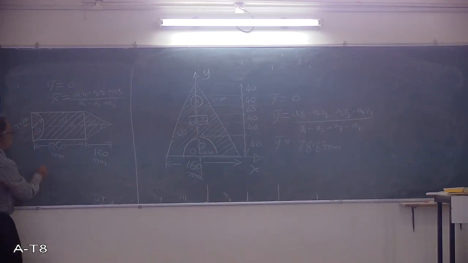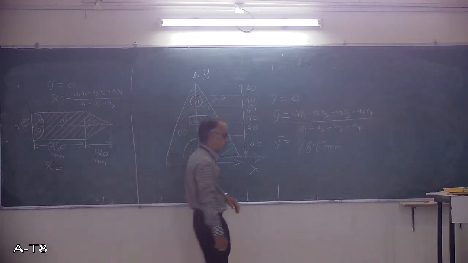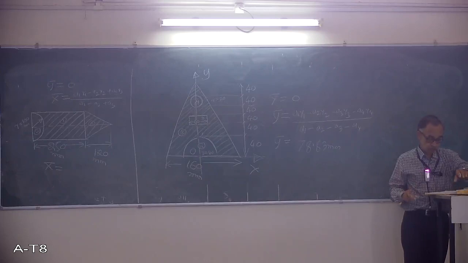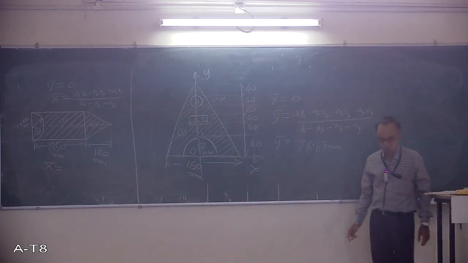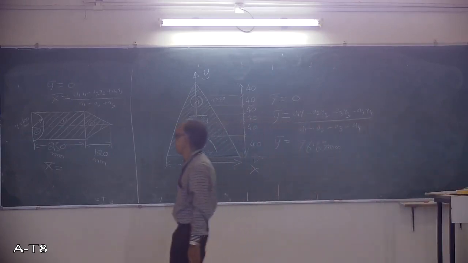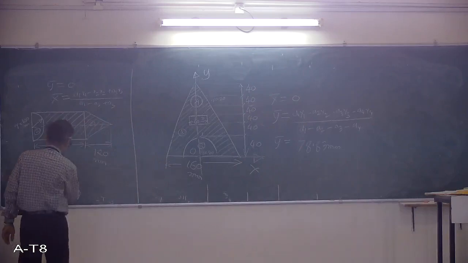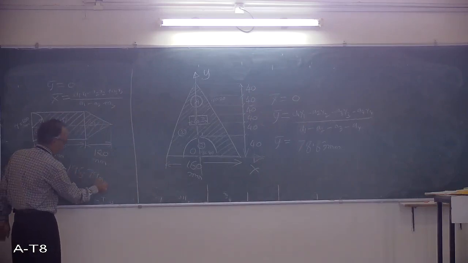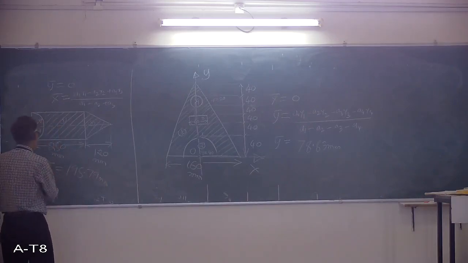After calculation, I just give the value. You just try at home. X bar, I am getting 195.79. Y bar is 0. So this is the way we should work it out.